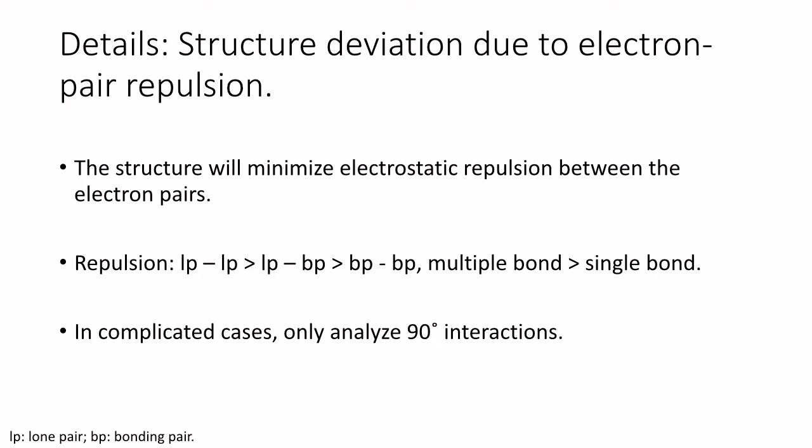So as two electron pairs are further apart, their interaction decreases even more, as 1 over the distance to the power of two. And that makes 90-degree interaction more important than, for example, 120-degree interactions. Again, we're going to look at this rule using examples in a moment.